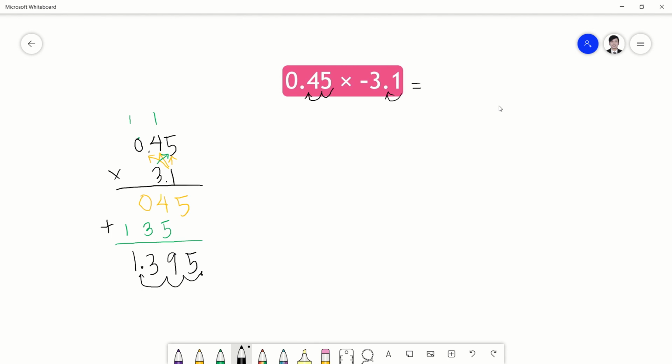Our answer as of the moment is 1.395. Now we have to deal with the sign. 0.45 is positive. The second one is negative. That means positive times negative is negative. So our final answer is negative 1.395.